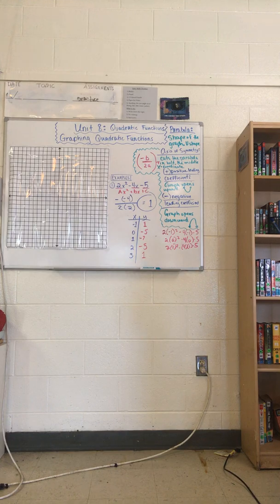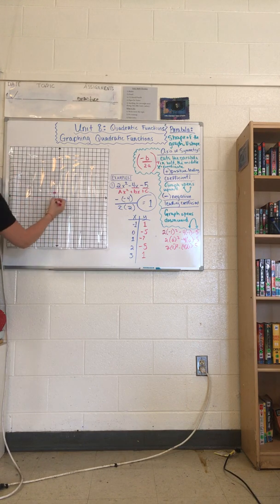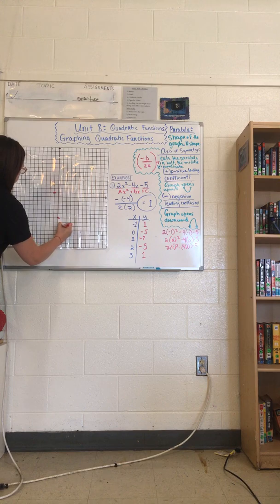All right, so now I can go ahead and graph this. I'll start out with -1, 1, which is right here. 0, -5, so 1, 2, 3, 4, 5. And then 1, -7, 5, 6, 7.